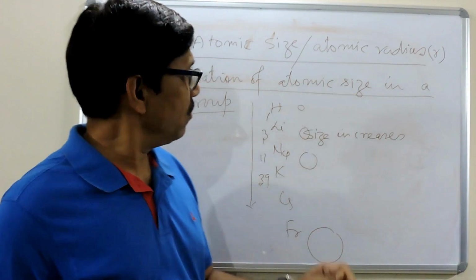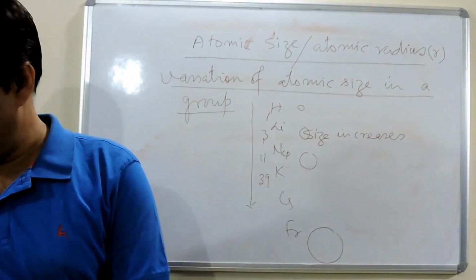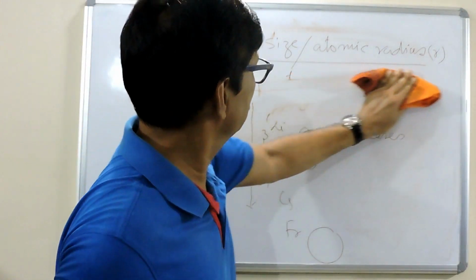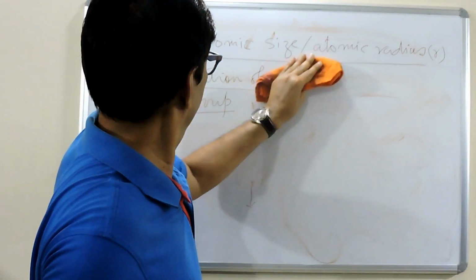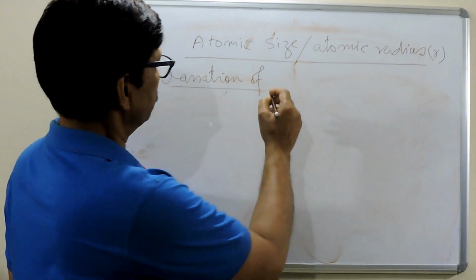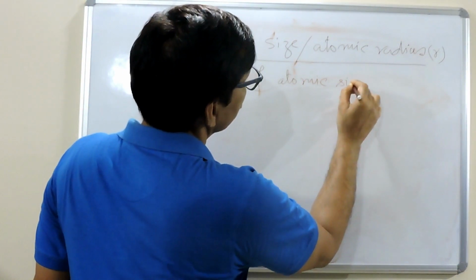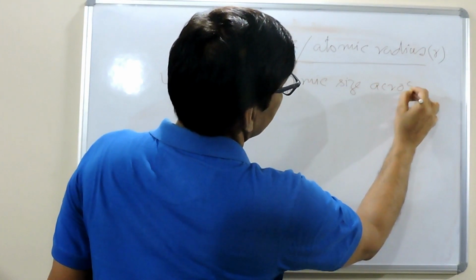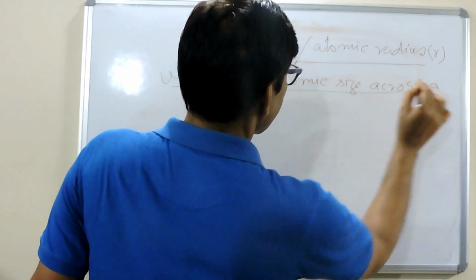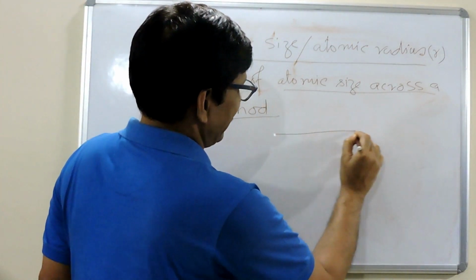Now let's see how the size will vary across a period. Across a period means left to right.